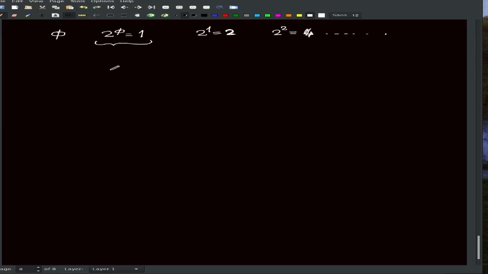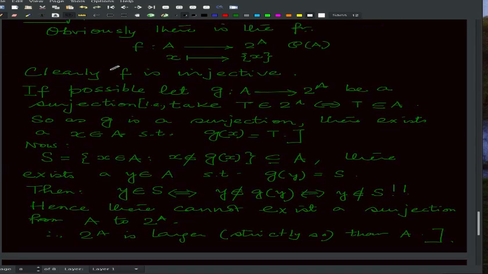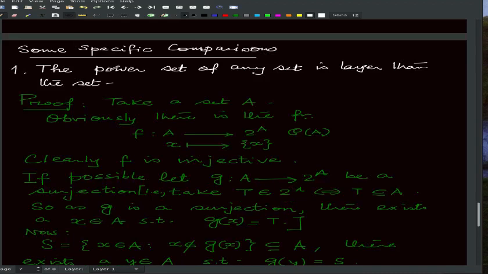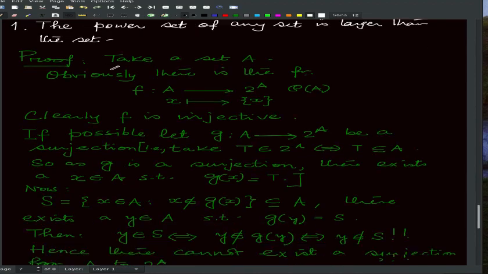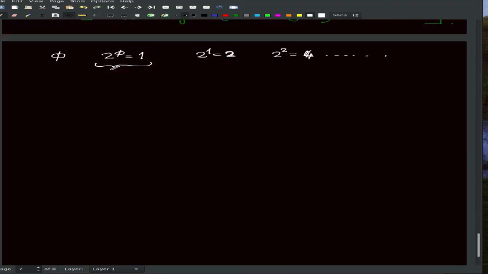So now the next question is, this tells us that it gives us a way to compare, but it doesn't tell us anything more than that.